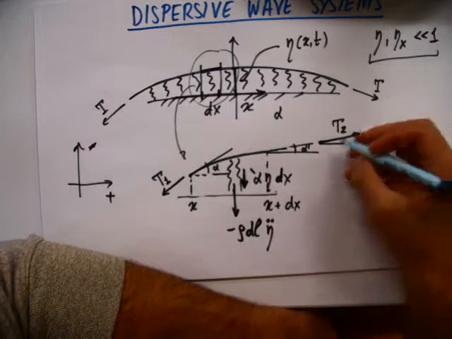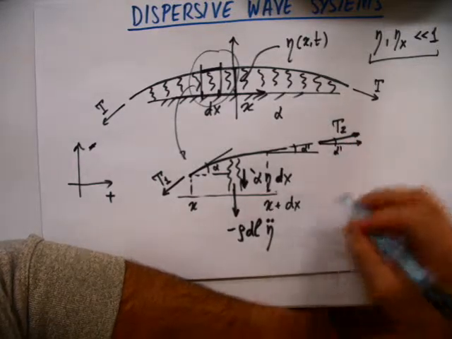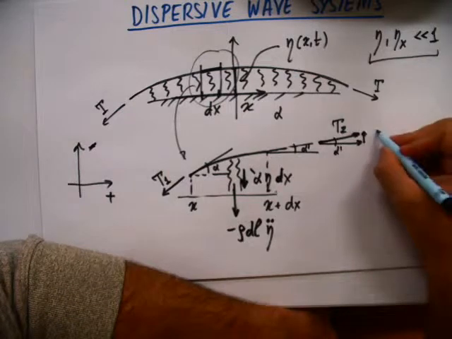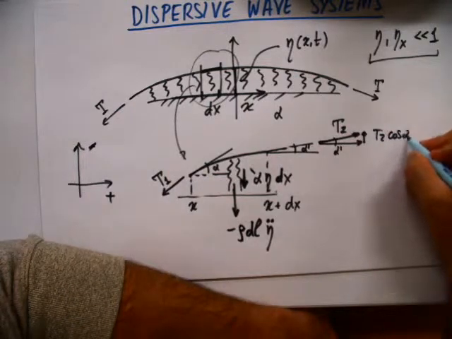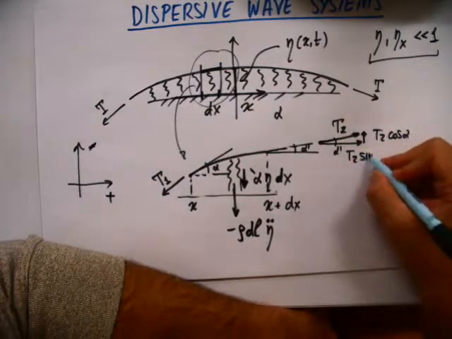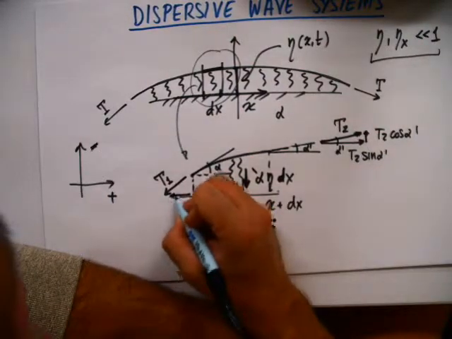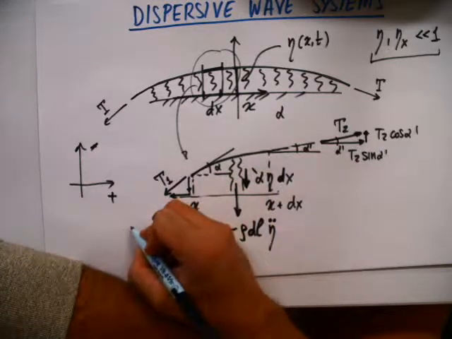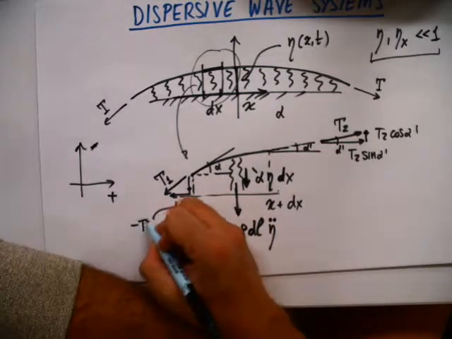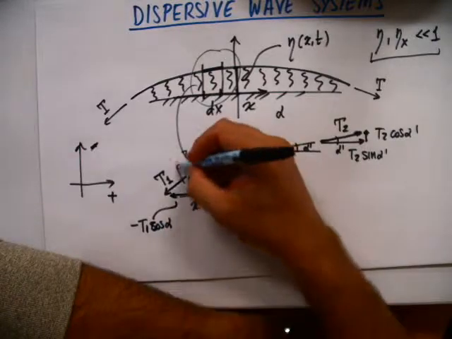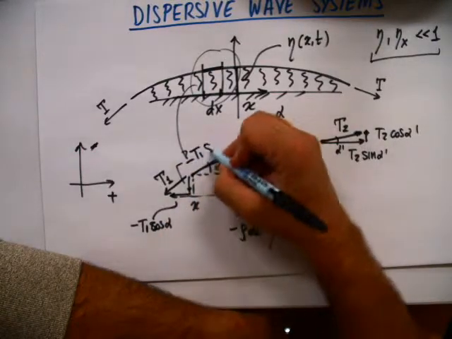So we already know that this is alpha prime, so we just have to simply do the decomposition of these forces. This is T2 cosine of alpha prime, this is T2 sine of alpha prime, and here we're going to do the same thing. This basically is going to be minus T1 cosine of alpha, and this is going to be minus T1 sine of alpha.